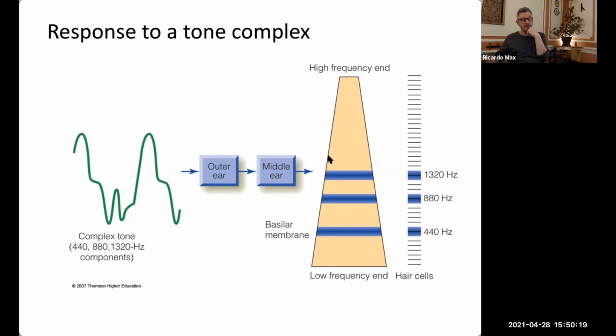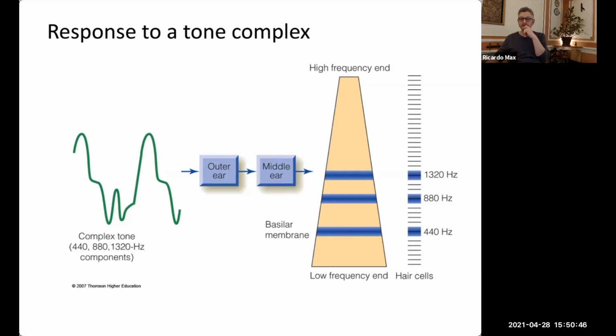So here we can clearly see that these three tones together, this sound that is comprised by these three tones, each one at the same time, its highest amplitude is reached at a very specific narrow area in the basilar membrane.